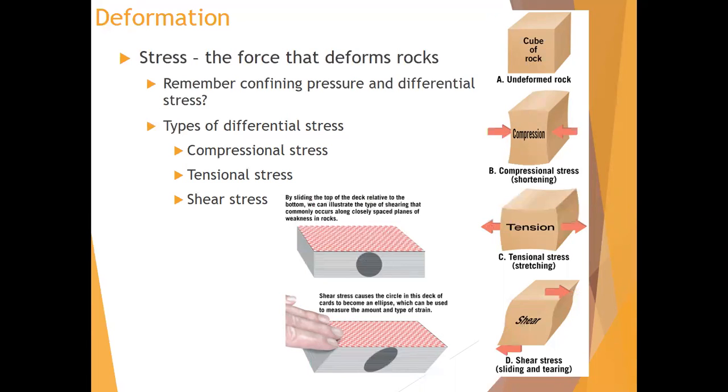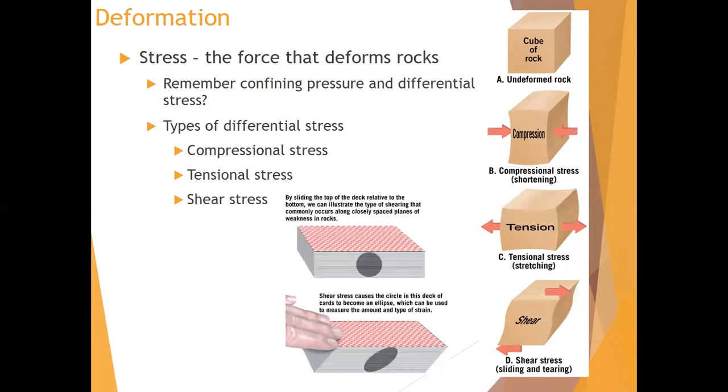And we can talk about different types of stress. Compressional stress is when you squeeze a rock like you would if you were putting it in a vise. This is what happens at convergent plate boundaries. This is the process that makes mountains. We have tensional stress, where you're pulling apart a rock to elongate it.